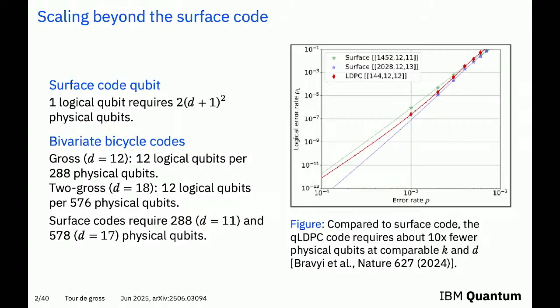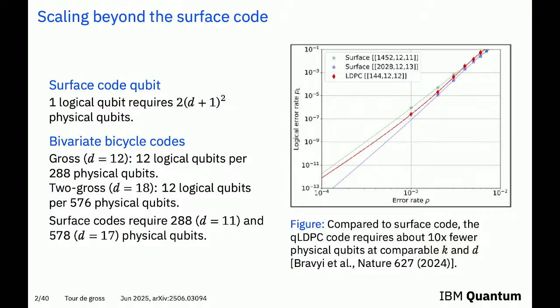This picture reiterates that even if we encode our logical qubits into this gross code, we can expect roughly the same order of logical error rates while spending 10 times fewer physical qubits.